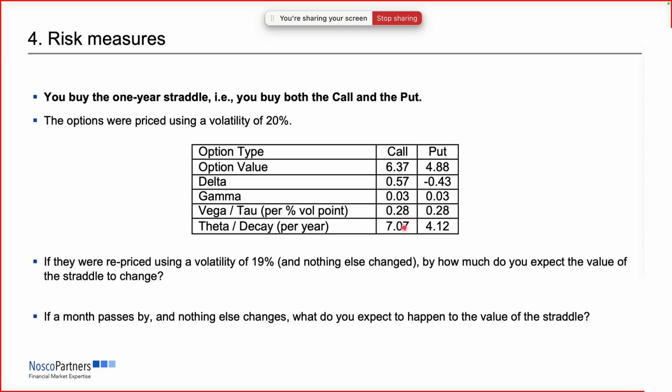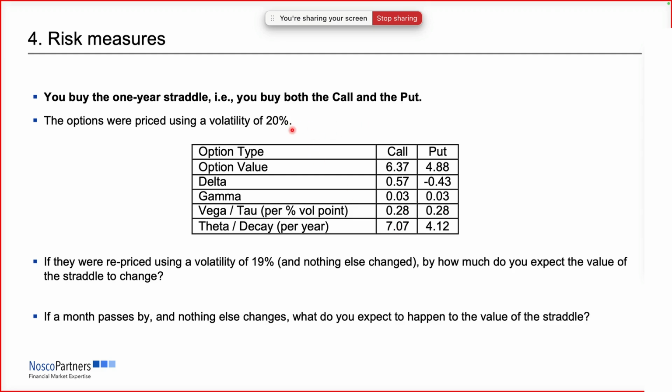So that means I would have to divide this number by how many days I have in the year. The reason I have not done it is because I would have to think about, do I want to think in trading days or calendar days? And that's why I have it in dollars per year. But let's now go to these questions.